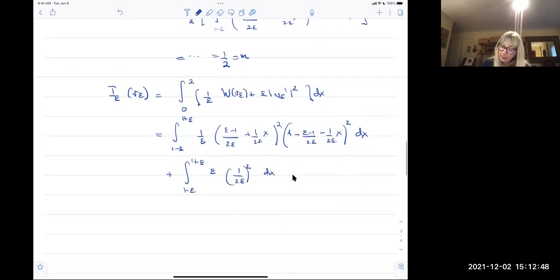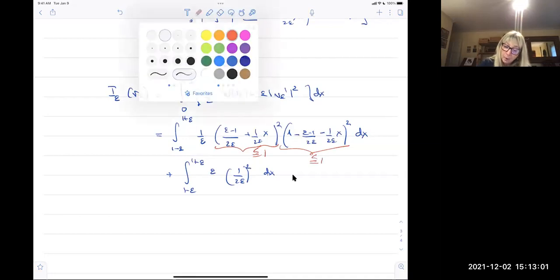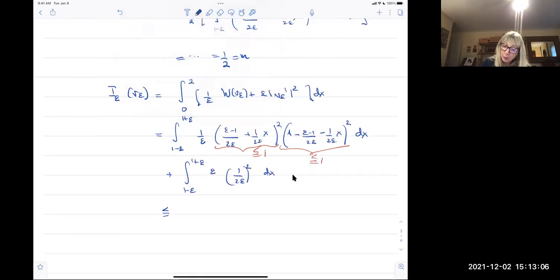Okay. And well, a simple observation is that actually this is below 1 in that interval. This is below 1 in that interval. So I can go up with the amplitude of this interval here, so I get the 1 over epsilon from here, 2 epsilon from there.